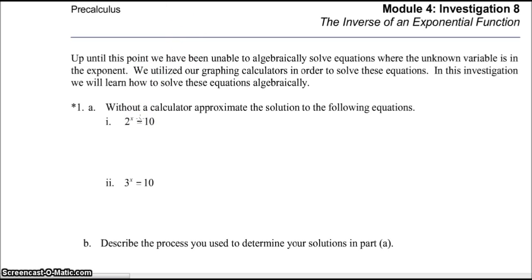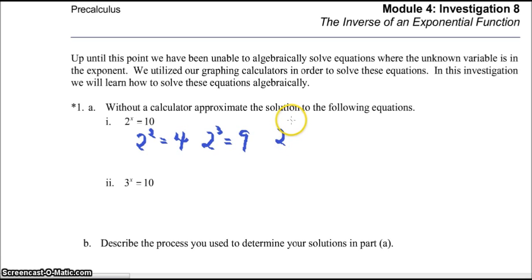1a, without a calculator, approximate the solution to the following equations. Okay, 2 to the x equals 10. So we want to find the solution. We want to know what is x. Well, I know 2 squared is 4. 2 cubed is 9.